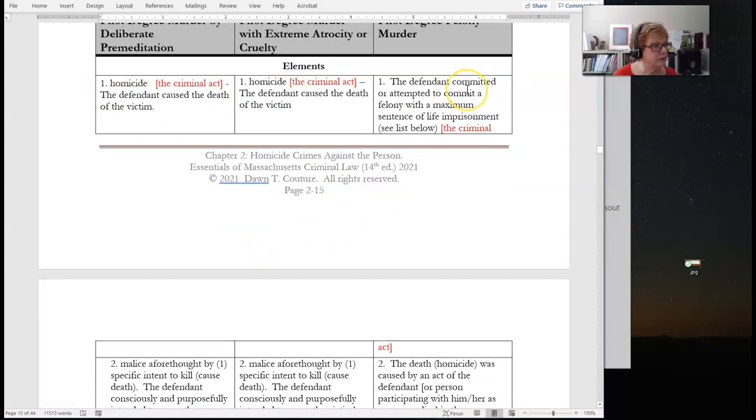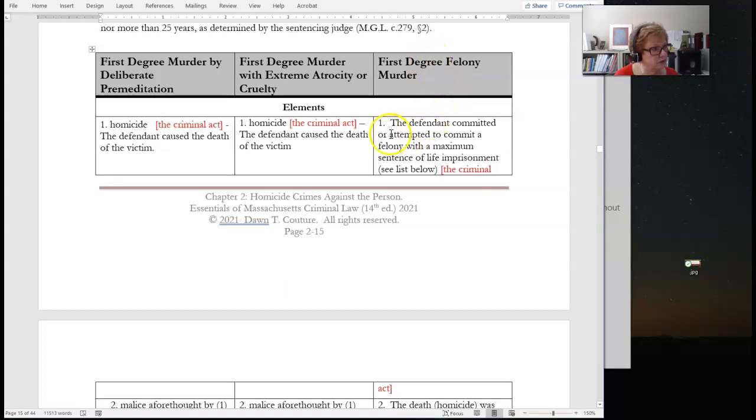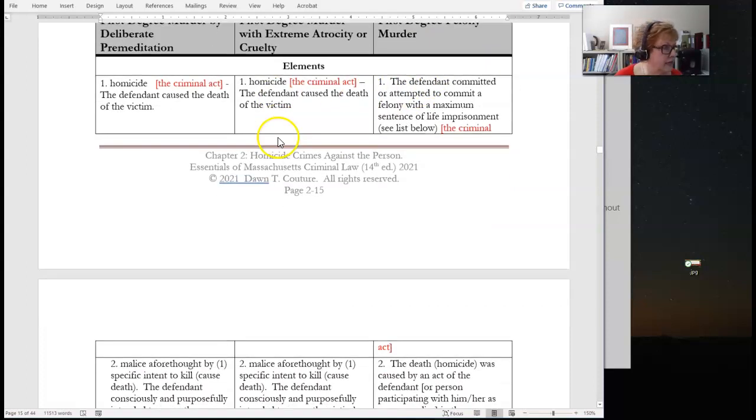All three of those types of murder, three different types of first-degree murder, share in common the first element, the criminal act, is a homicide. The defendant caused the death of the victim of a crime, at least in the first two. And we're going to hold and talk about first-degree felony murder in a different case exercise.